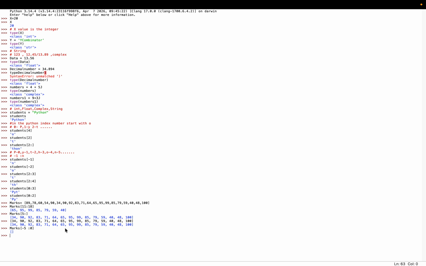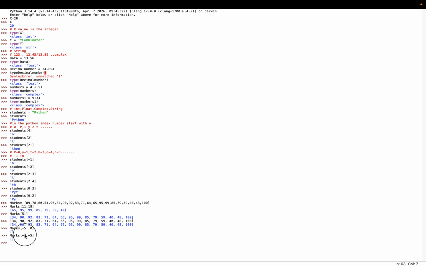Now you can see what happened. This is not giving anything. Why? Any reason here? Suppose minus 1 to minus 5. You can try it here.